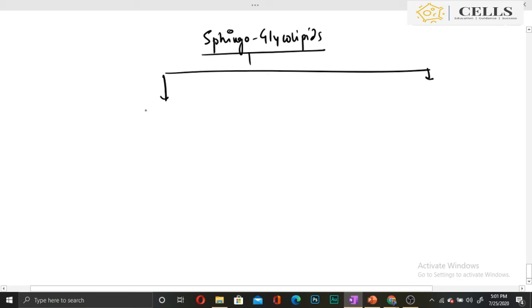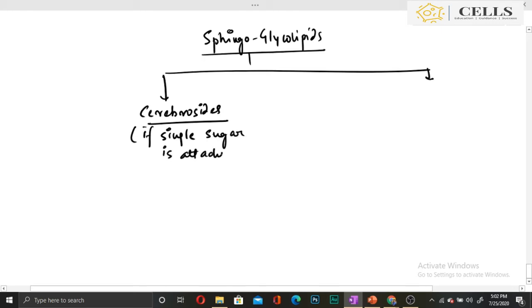First, sphingoglycolipids can be cerebrosides, when a single sugar is attached. Another kind of sphingoglycolipids are the globosides and gangliosides.